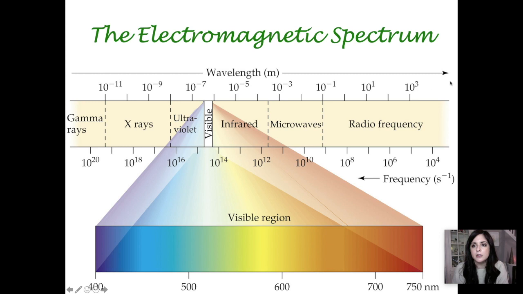So right here, you have your radio waves. These ones can have wavelengths of about 1,000 meters. So that's like 10 football fields back to back. That's one wavelength of a radio wave. And these guys can go all the way down to a little bit bigger than a centimeter.